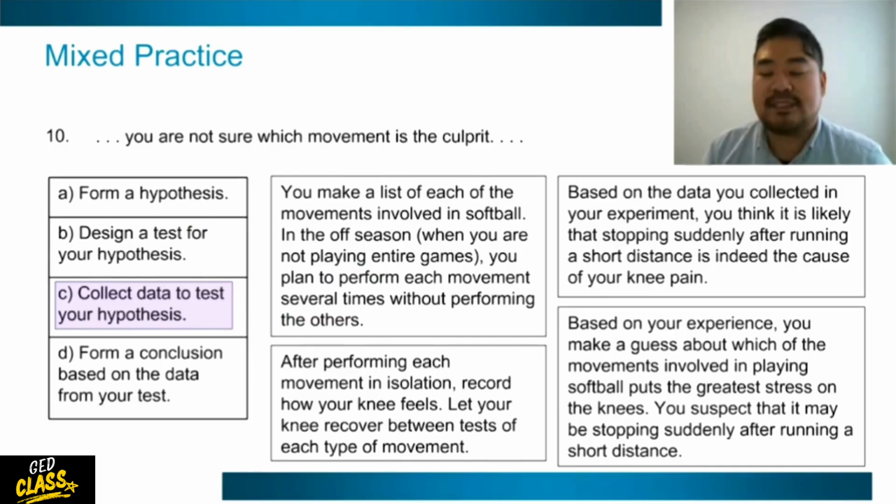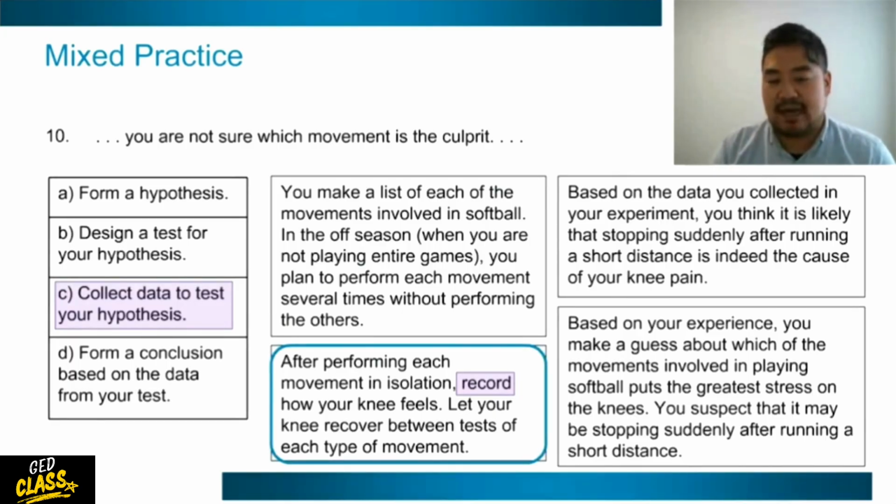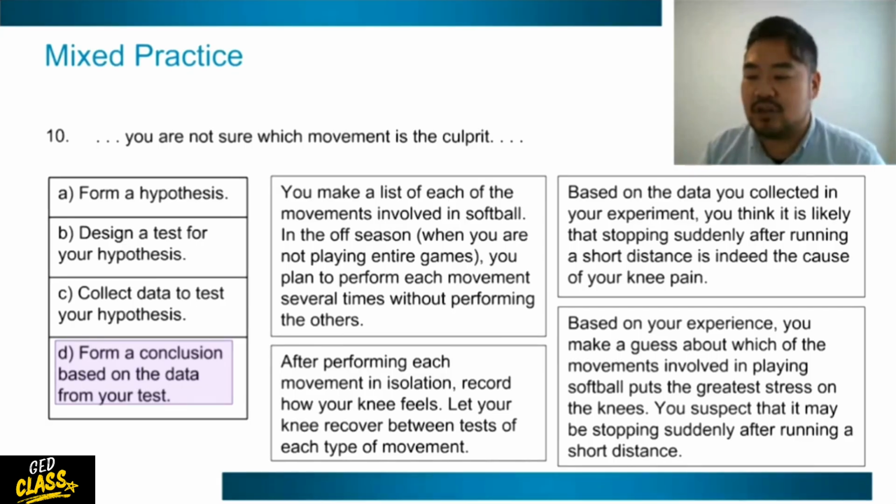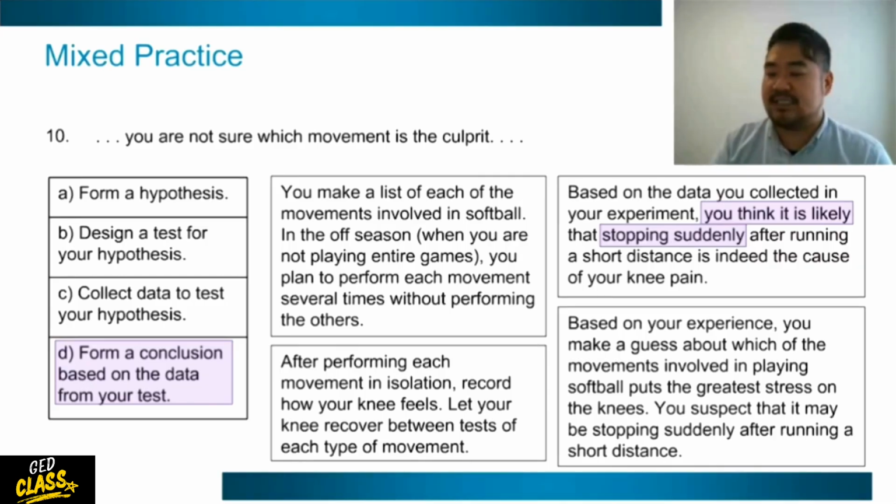Well, we see a keyword in this statement about recording how the knee feels, letting your knee recover between those different tests. So that's going to be the box to indicate collecting data. And then by process of elimination, I think we already know the last one, forming a conclusion based on the data from your test. Which one of those remaining statements is the conclusion? It is likely that stopping suddenly after running a short distance is indeed the cause of the knee pain.